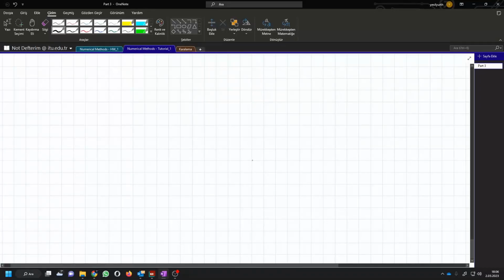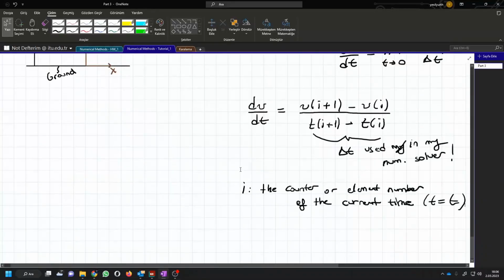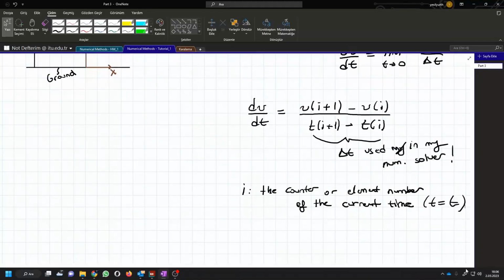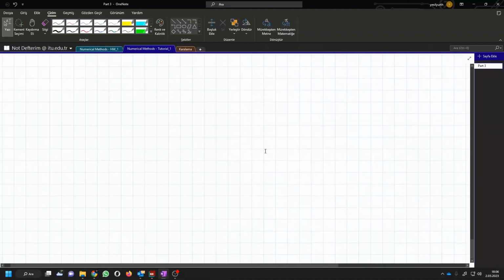So in our differential equation, we can use this expression like this. The external forces were equal to m times z double dot.